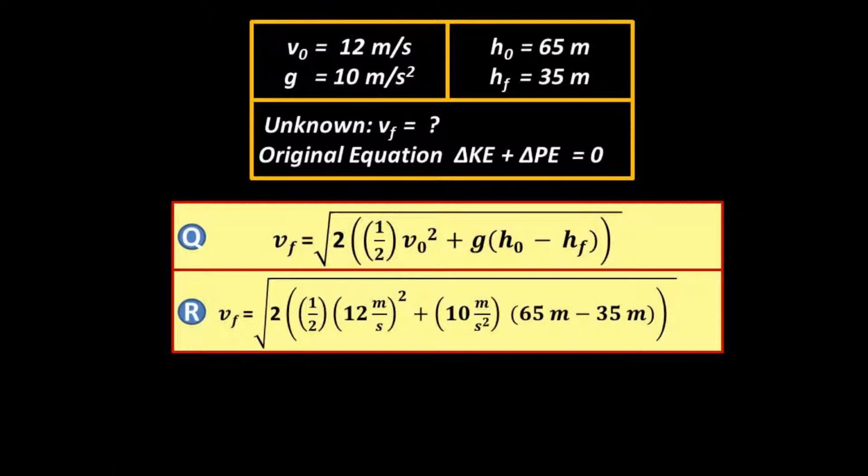The unknown is VF. The original equation is delta KE plus delta PE equals 0. Make sure you go back to the original problem and identify the knowns and the unknowns and make sure they are consistent with what I have listed here.